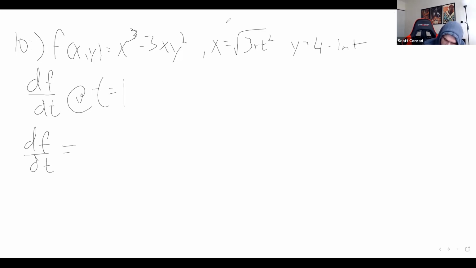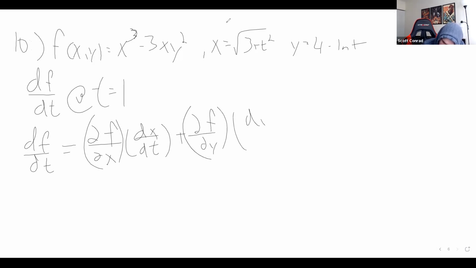So df dt, of course, is we do our tree. It's the partial of f with respect to x times the derivative of x with respect to t, plus the partial of f with respect to y times the derivative of y with respect to t. So the partial of f with respect to x should be 3x squared minus 3y squared.